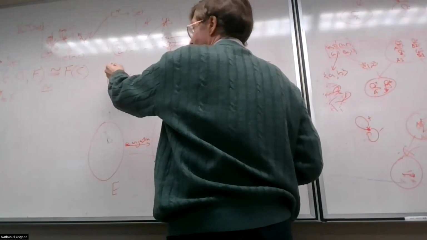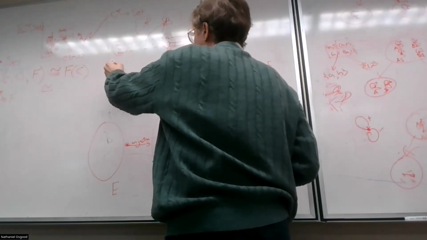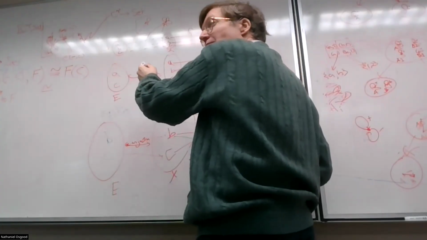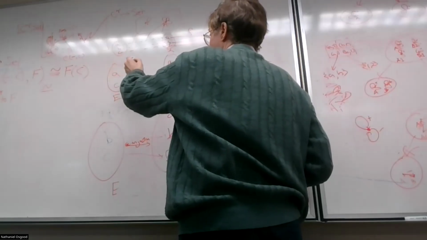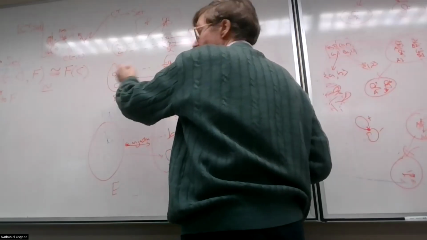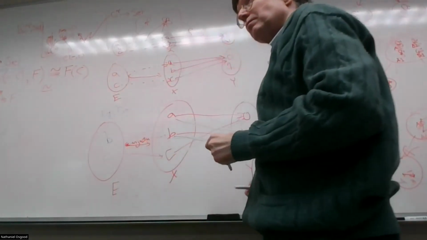This monomorphism is an injective map, meaning there's no clashes. Because it's a monomorphism, all it does is map this to this and this to this.